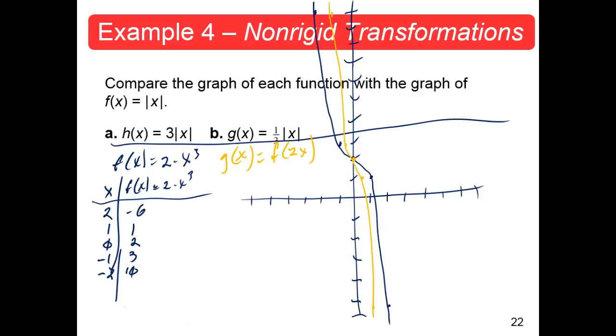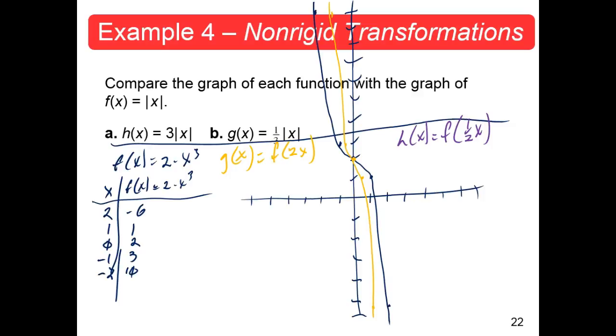And our h of x is equal to f of 1/2 of x. What is that going to do for us? Any hints? It doesn't shrink. Remember, you're doing it to the x.